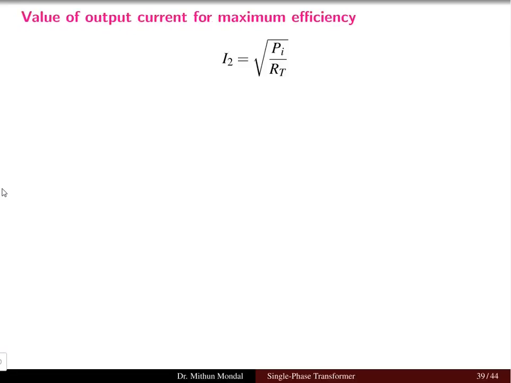Now, what is that current which is giving the maximum efficiency? The current is equal to the square root of iron loss by RT, because we have seen that the iron loss is equal to I2 square into RT. So from here we can find the current I2.